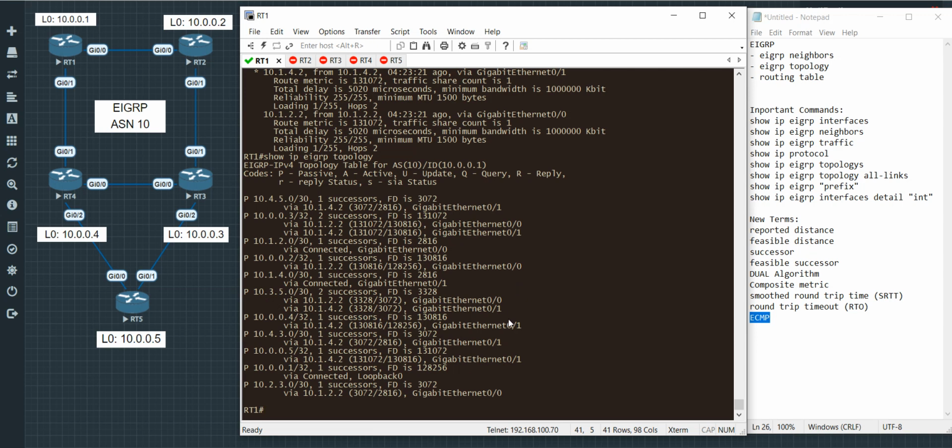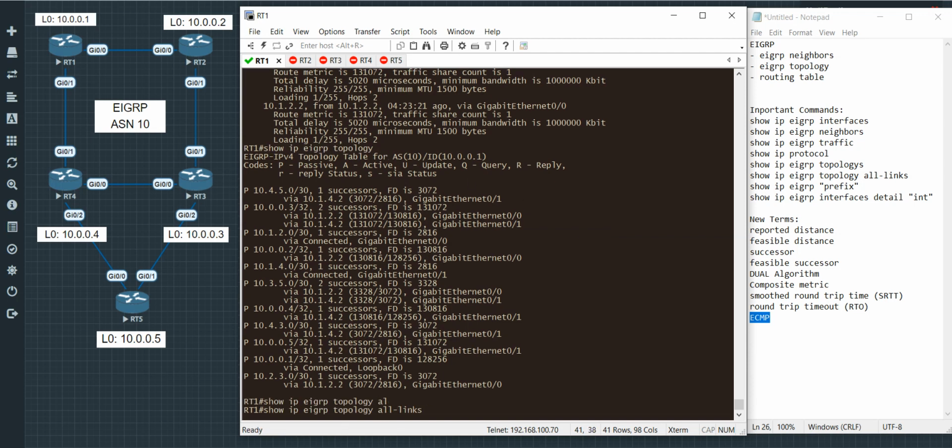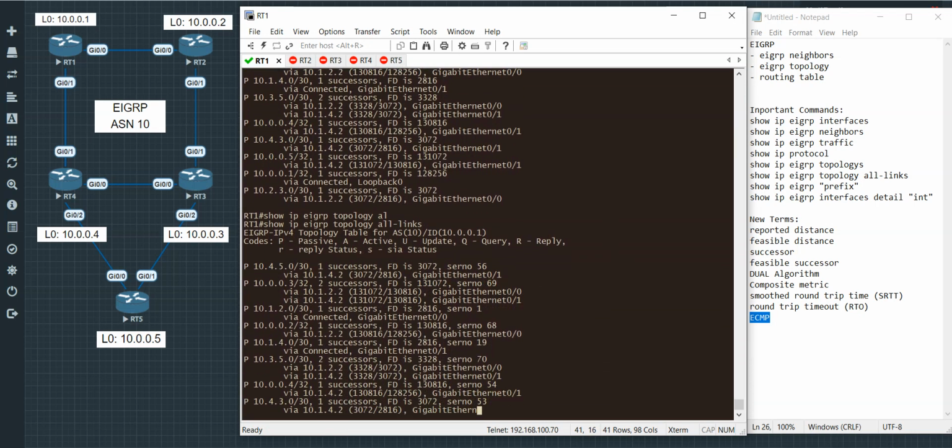In order to get to router 5, when we look at the EIGRP topology table, we can see that it only has one specific successor, but there's actually more than one route to get to 10.0.0.5 from router 1's perspective. And in order to view the second route, we need to run the command show ip eigrp topology all-links.